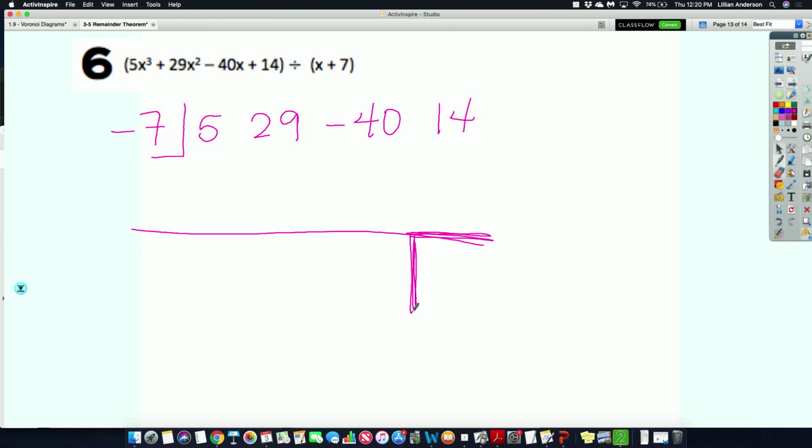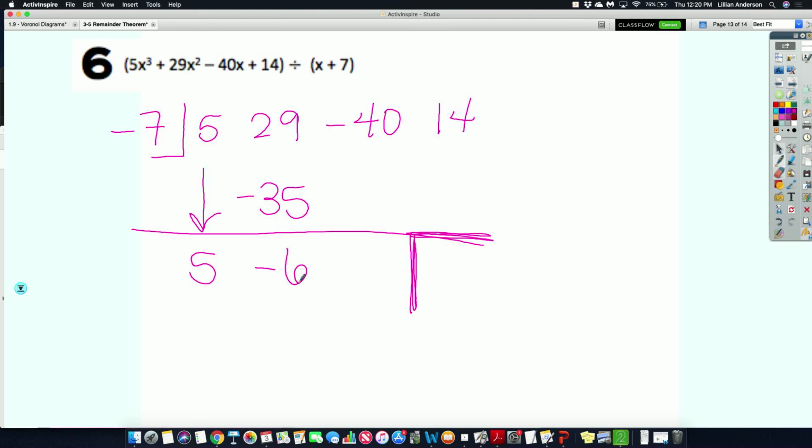I'm going to go ahead and put in my remainder box because I know it always goes underneath the last term. Then the first thing I do, drop the first number. Multiply, so I get negative 35.